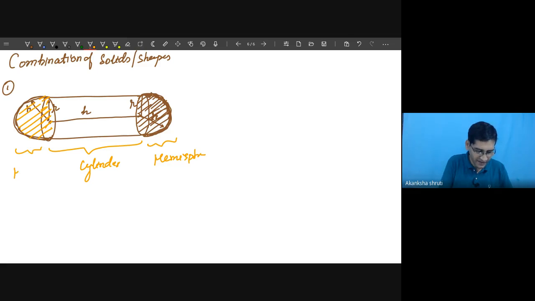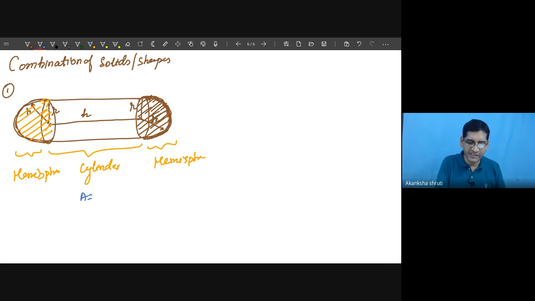This is the other hemisphere. So for getting the area, you just write the area for each of these parts. Here we are interested to get the total surface area and the volume. These two things we want to know.